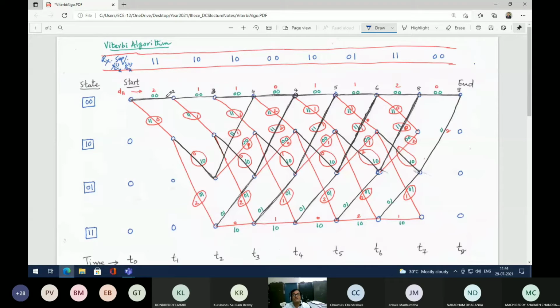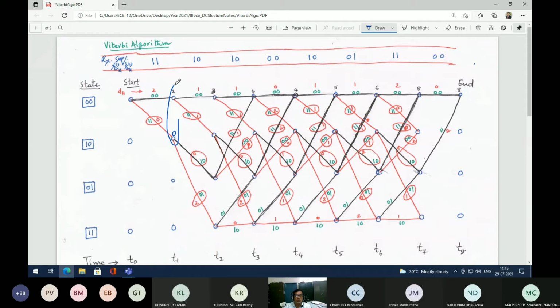So by the time I come here, the Hamming distance at this node is 2. Similarly, if I take this node, from T0 to T1, what is that Hamming distance? 0. So I'll write 0 on this node, because the Hamming distance from here to here is 0.